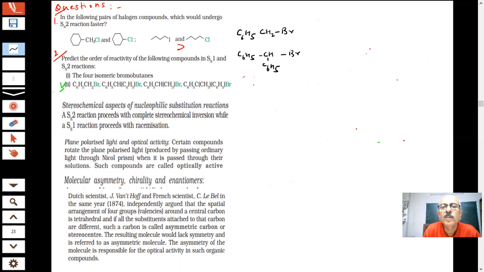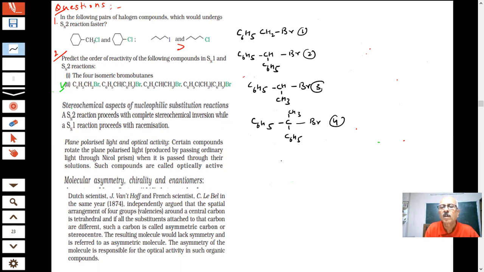Third compound is C6H5CH(CH3)Br. This is my number 1 compound, this is my number 2 compound, this is my number 3 compound, and the last one is C6H5CH3 and Br.